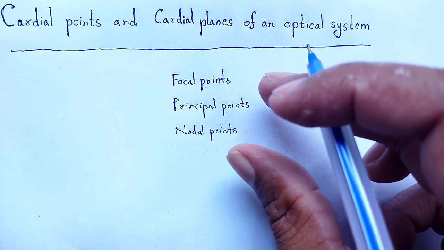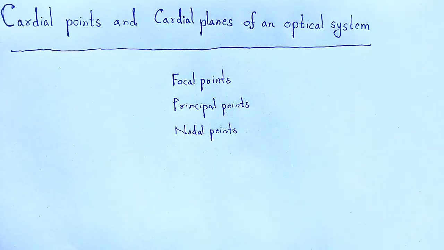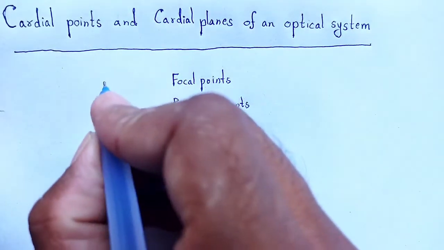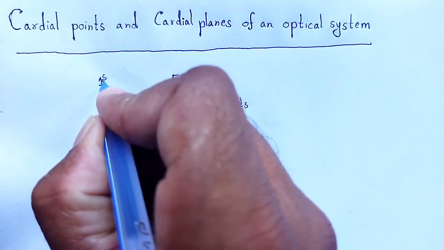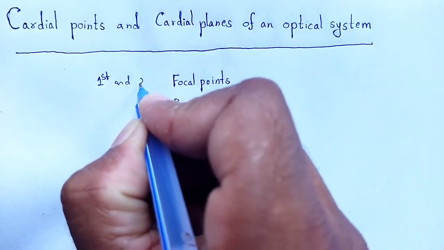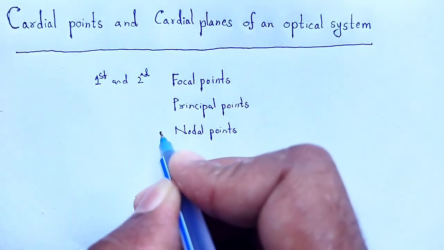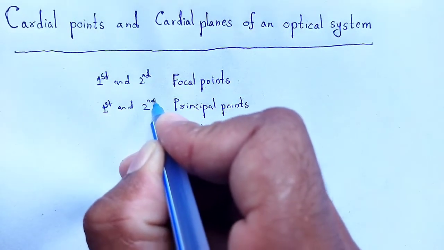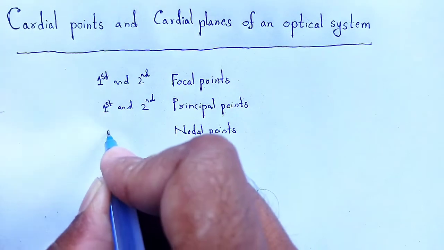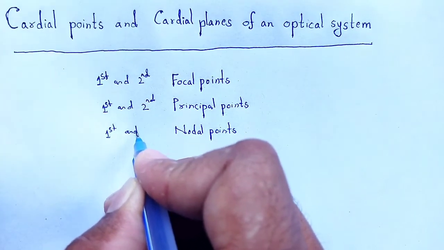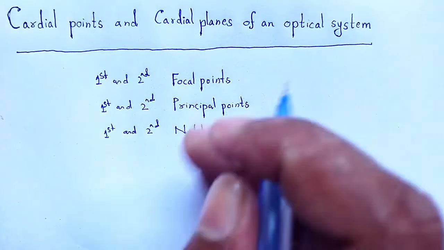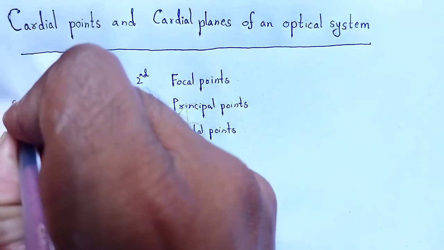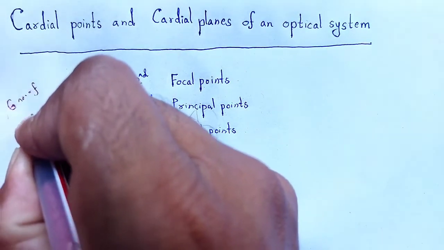These points are in pairs of conjugate, like first and second focal points, first and second principal points, first and second nodal points. In this way, there are 6 cardinal points.